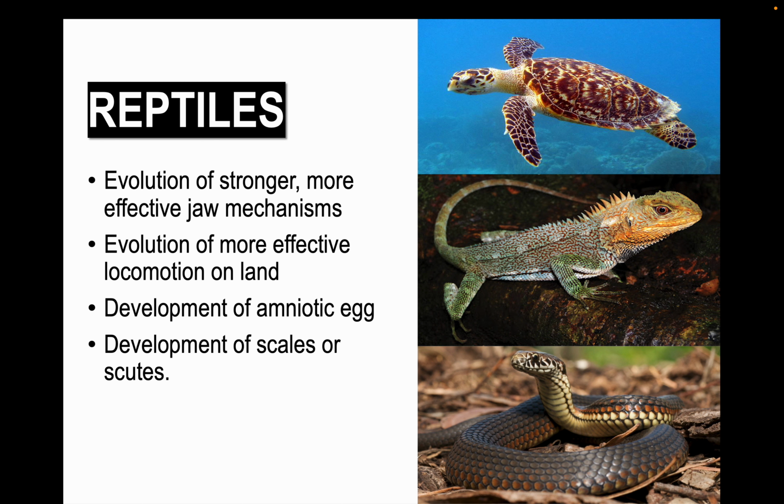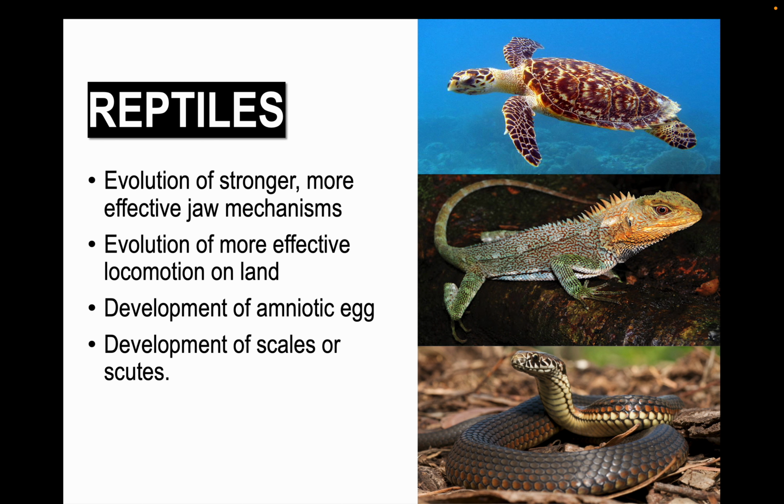These animals are more able to move and hunt in terrestrial habitats. They have developed an amniotic egg, so the developing embryo has an amnion covering it, and the amniotic fluid is surrounding the developing embryo.